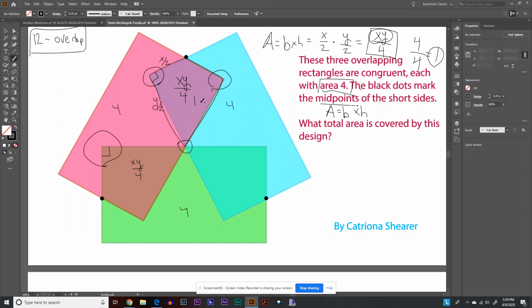That means that the area of each of these is 1, and that means that if we were to plug that into our equation, 12 minus 3 times 1 for each one of these overlapping areas, then our final answer is that the area of the entire shape is 9.